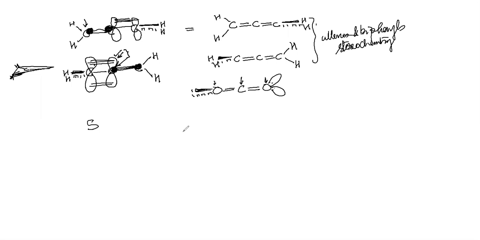Now, although the most stable organic compounds have tetravalent carbon atoms, high energy species with trivalent carbon atoms also exist. Carbocations are one such class of compounds. If the positively charged carbon atom has planar geometry, what hybridization do you think it has?